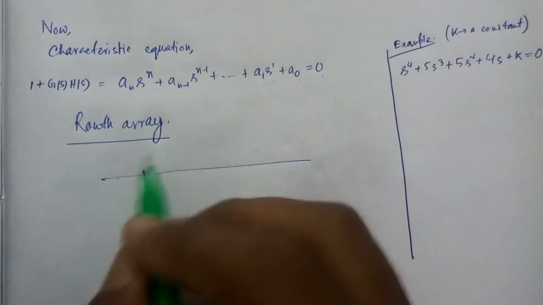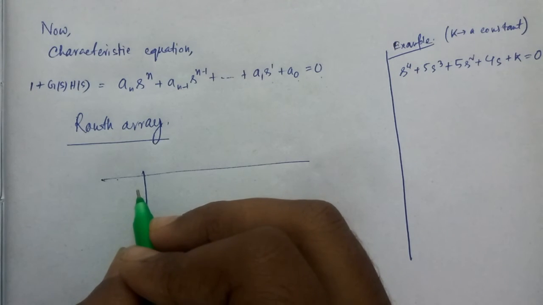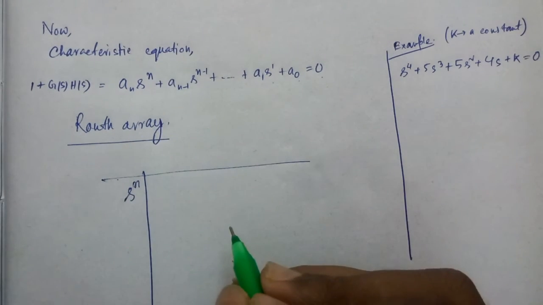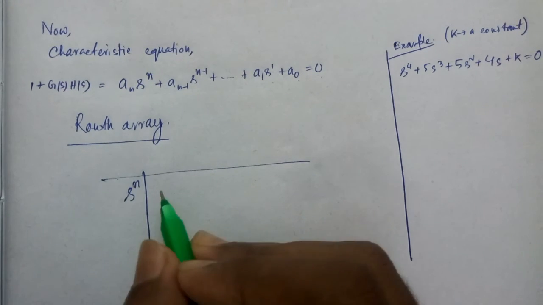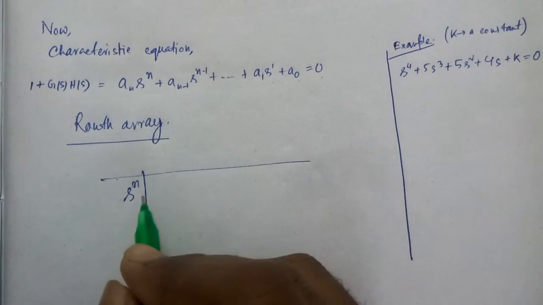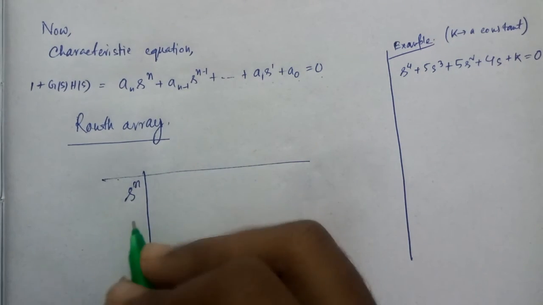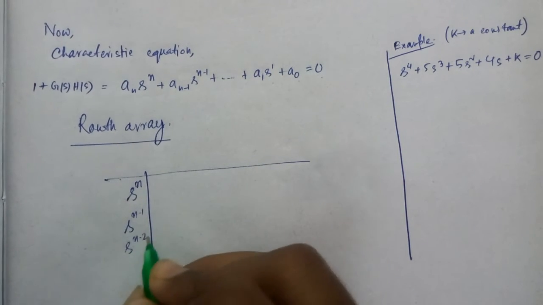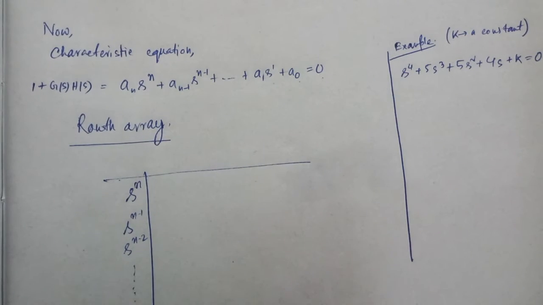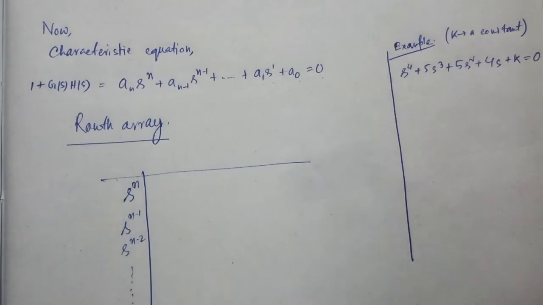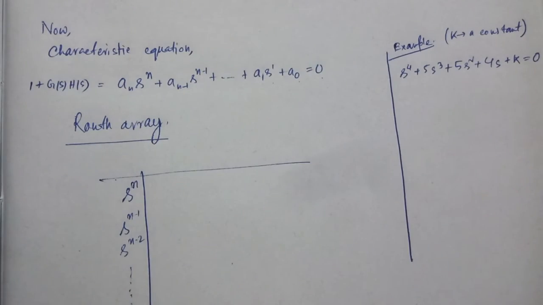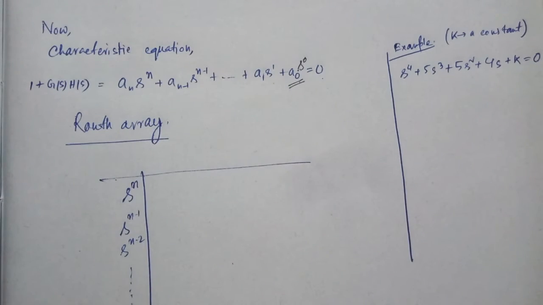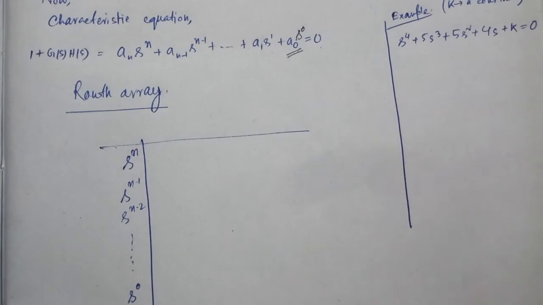So first we put on the left side s to the power n, like the highest order of s which is present in the characteristic equation, and then we decrease s to the power n minus 1, s to the power n minus 2, such that up to s to the power 0. The coefficient of s to the power 0 is a_0 actually.